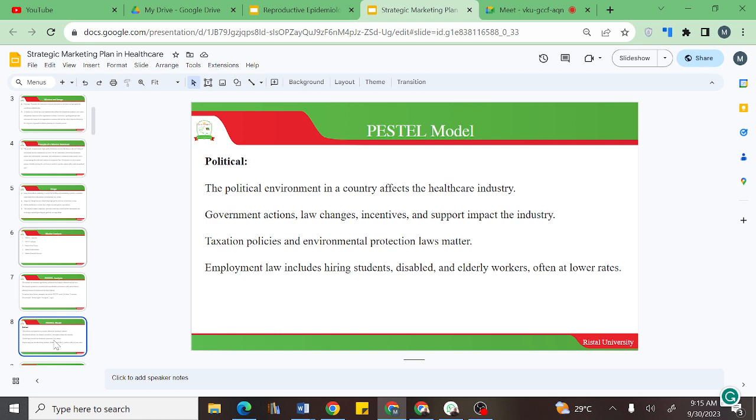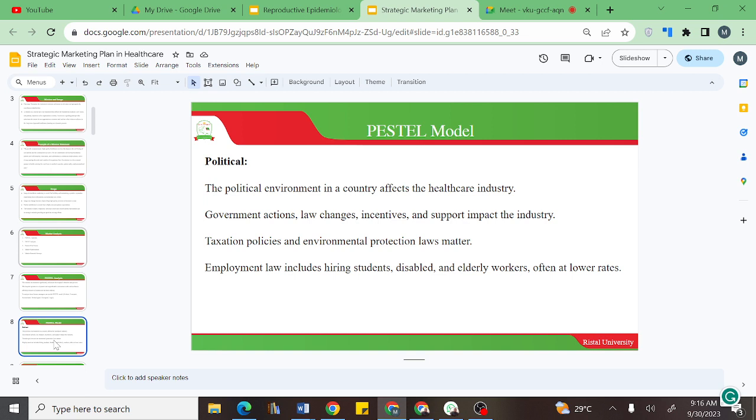So when we talk about the political environment, we are referring to the fact that the political climate or the political situation of any country will always affect the healthcare industry. The governance issues, the process of forming and even changing laws, the government policies on establishment of healthcare organizations, all these have an impact on the healthcare organizations.